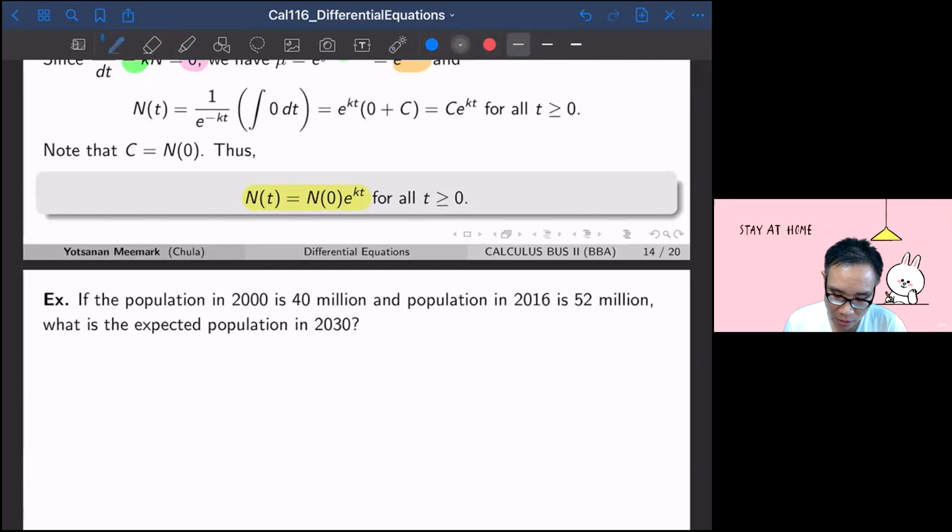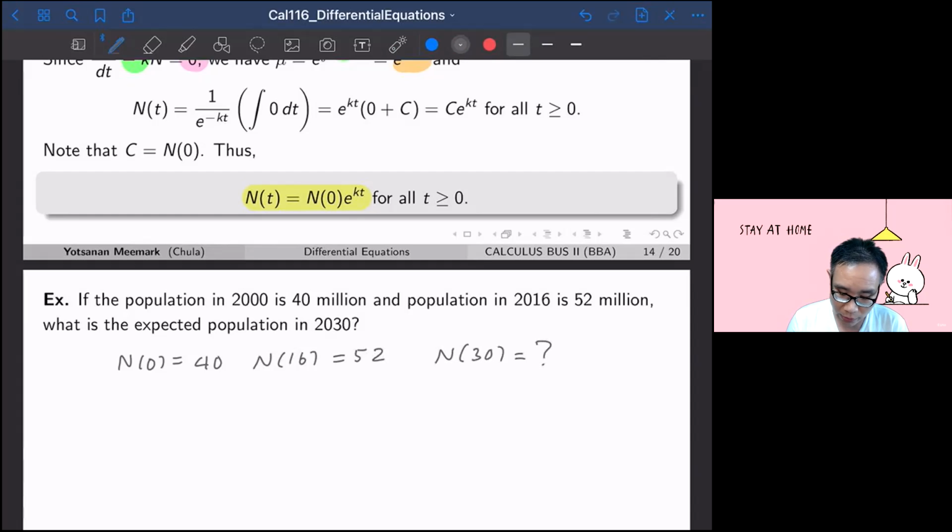So here you have N0 equal to 40 million, N16 equal to 52, and you have to find N30.